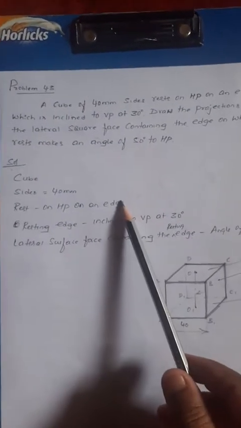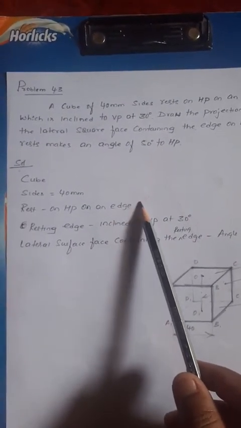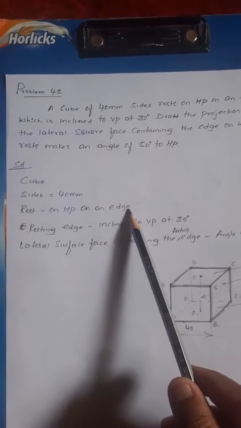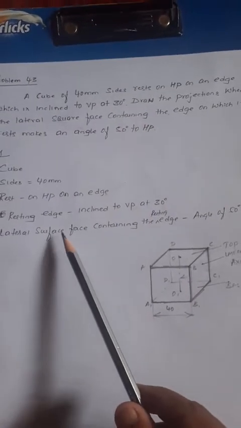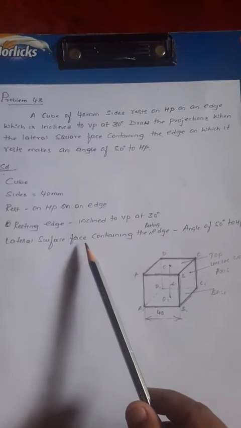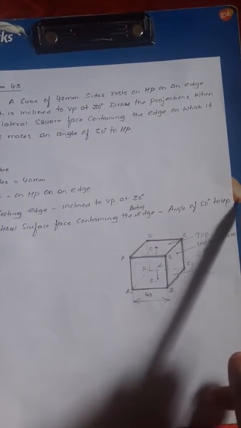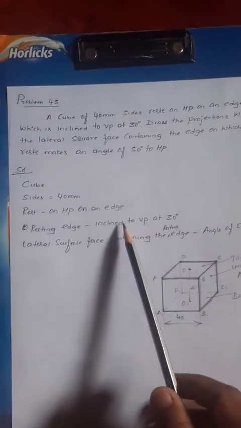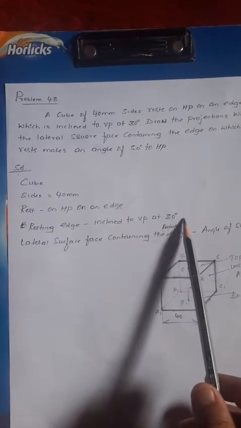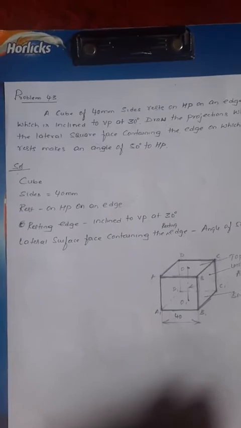Now the first position is rest on HP on which condition? Edge condition. The second condition is the lateral square surface containing the resting edge at an angle of 50 degree to HP. Third condition, the resting edge is inclined to VP at 30 degree.